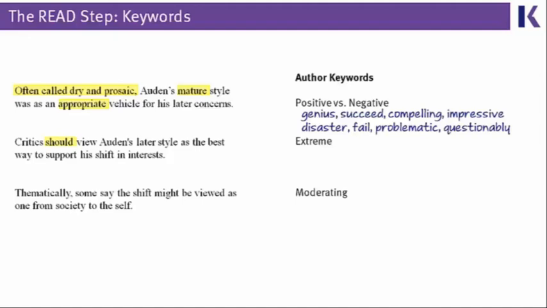Should means the author not only has judged something as good, but also thinks that it's so great that everybody else should like it, or the author has judged that something is so worth it that it should be done by others. In this sentence, the author is saying critics should view Auden's later style as good, and so anytime the author makes a judgment and applies that judgment to somebody else, that's actually an extreme word as well, because it's probably going to be tested when the author's that clear about what he or she actually thinks.